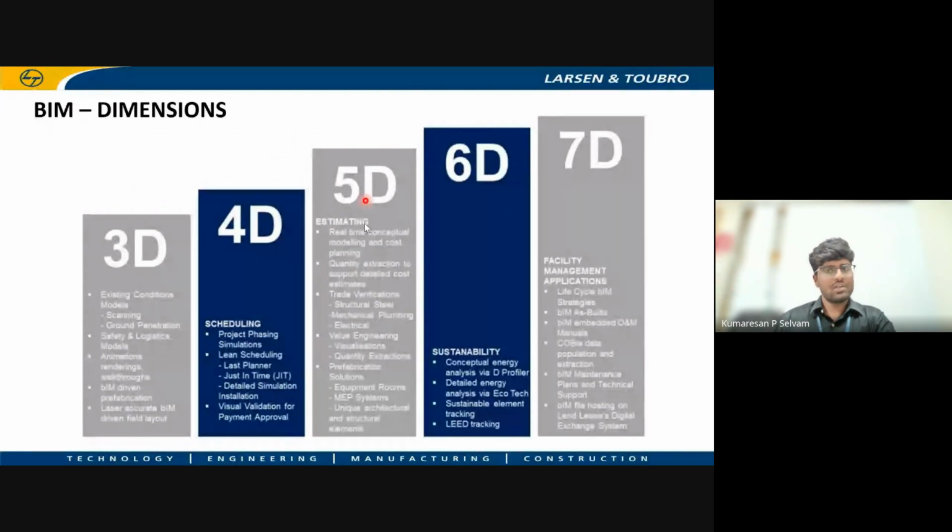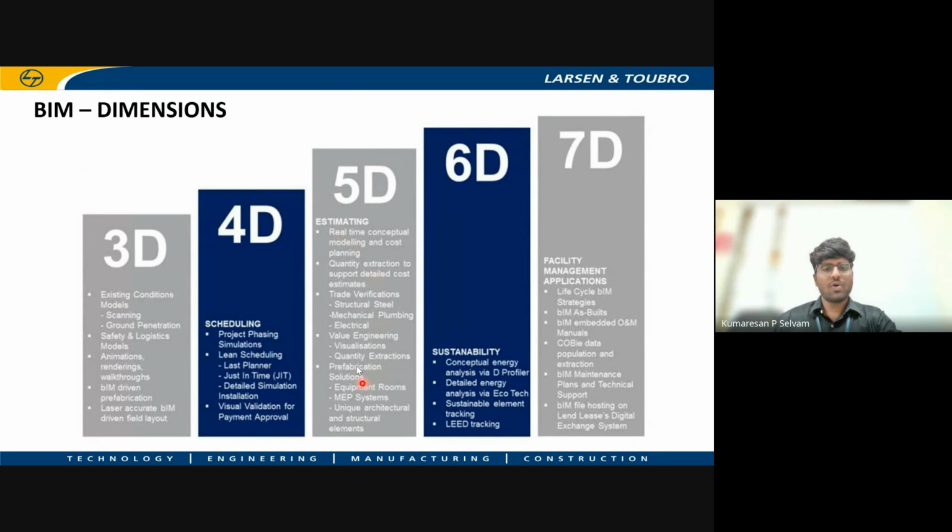But actually, there are 10 dimensions which have been defined till now. 3D refers to all the models, where all the animations, renderings, BIM walkthroughs, everything is done in 3D. 4D refers to the scheduling, where the lean schedule, and how the project has to be constructed, all the scheduling will be done in 4D.